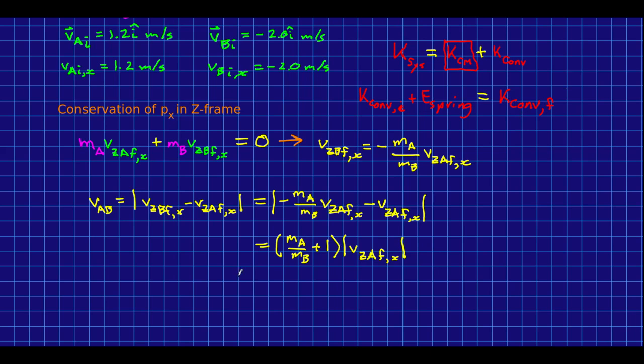So our final convertible kinetic energy is just a half mu VAB final squared, or in other words, where I've dropped the absolute value because it's being squared, and that equals our initial convertible kinetic energy, which we could have easily calculated, plus the spring energy, which we were given.